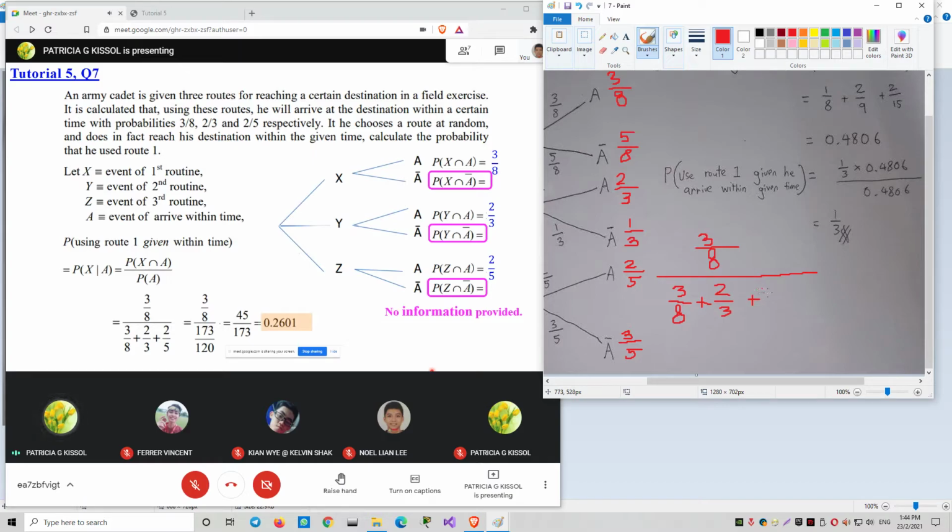But no marks on the probability tree, of course. Unless the question specifically states that draw a probability tree, then you have to draw the probability tree.